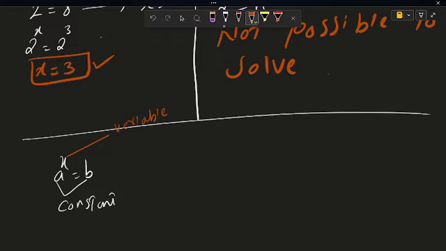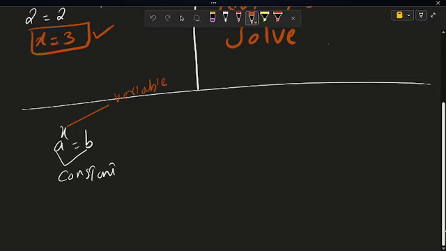So in this type of question you have to apply the log on both sides. Are you understanding what I'm saying? a raised to the power x is equal to b is the question in which you have to take care of log. So how can you apply the log? Its general form suggests that you have to make the power as it is, just like x, and the base of this x, that is a. a is the base now, x is the power.